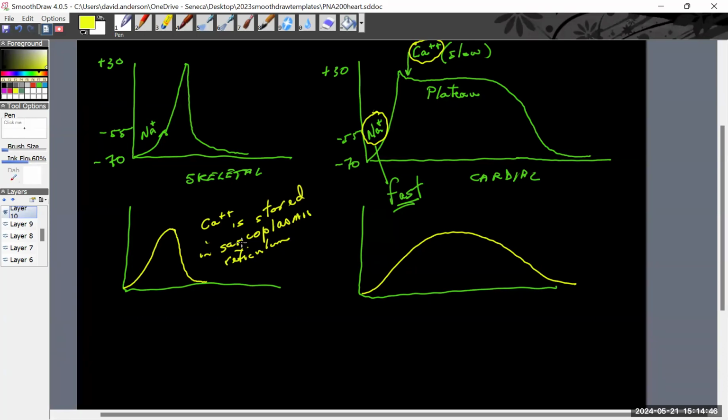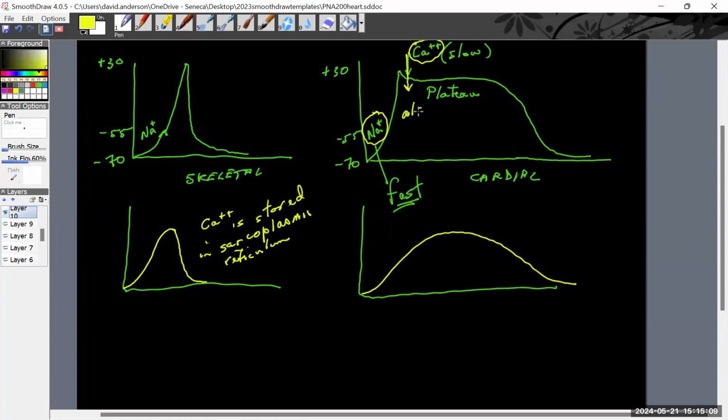So all of that is very similar in cardiac muscle, but the sarcoplasmic reticulum doesn't store quite as much calcium in the cardiac muscle cell as it does in the skeletal muscle cell. So the calcium that comes in this pathway ends up having a second role to play.